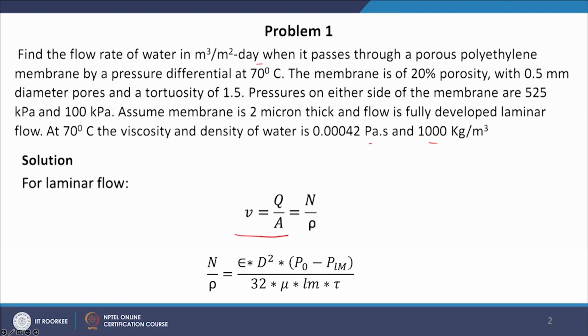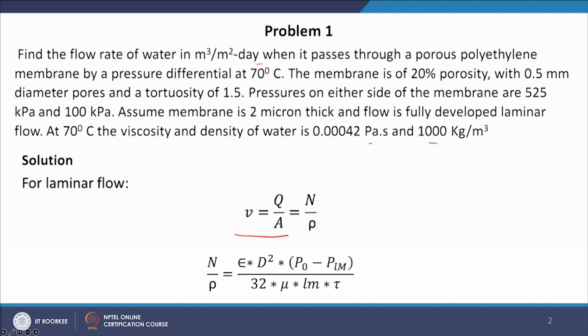Now, N by rho is equal to these expressions we have discussed in the previous class, where epsilon is the porosity, d is the diameter of the pore, P0 is the pressure on one side and PLM is the pressure on the other side, mu is the viscosity of the water, Lm is the thickness of the membrane layer and tau is the tortuosity.